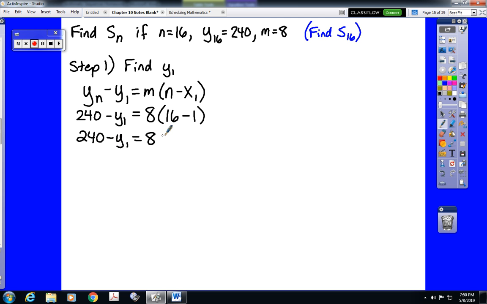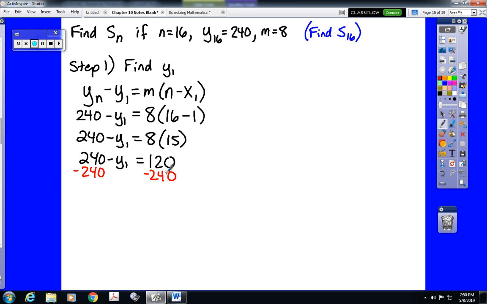That would involve doing 16 minus 1, which is 15. Then we'll do 15 times 8, which is 120. So 240 minus y1 equals 120. That is a two-step equation, and if we're not careful, we're going to lose one of those steps.